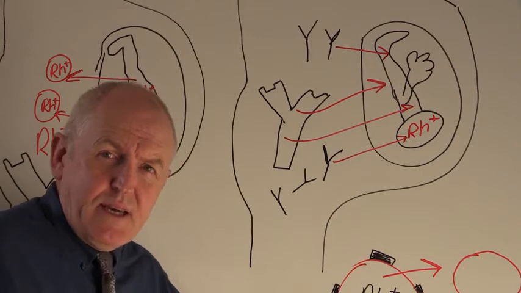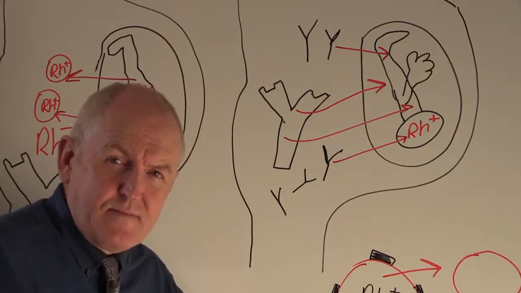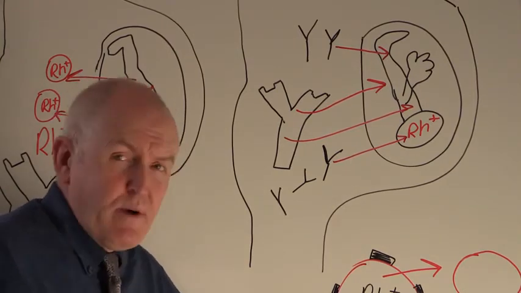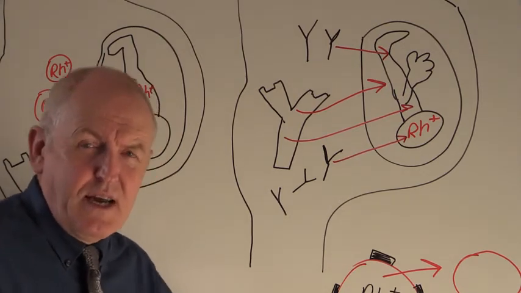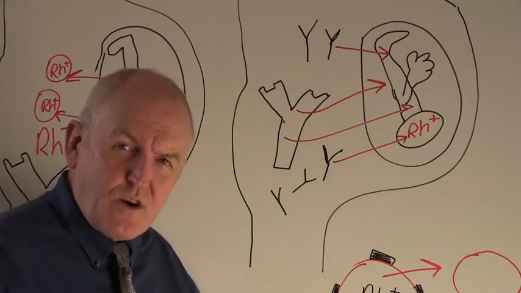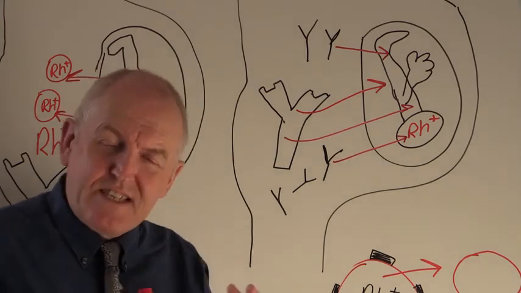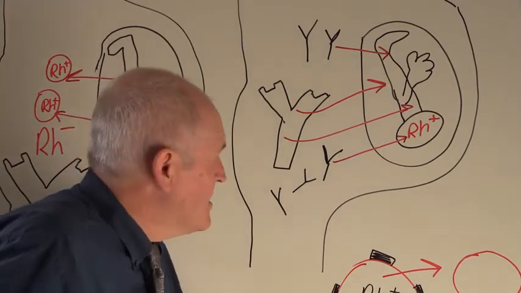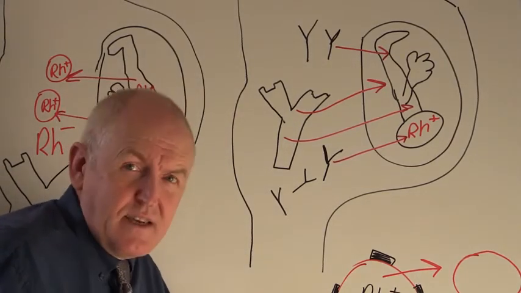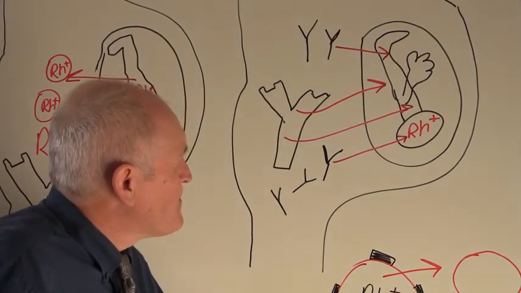And the albumin is made in the liver. And the albumin is responsible for generating the oncotic pressure in the blood. And it's this oncotic pressure that generates the osmolarity in the blood, which is going to suck the tissue fluids back into the intravascular compartment.